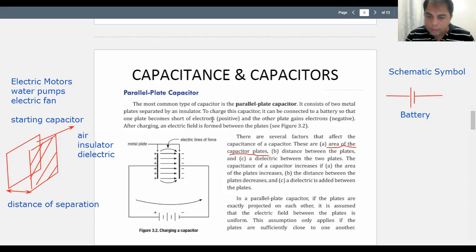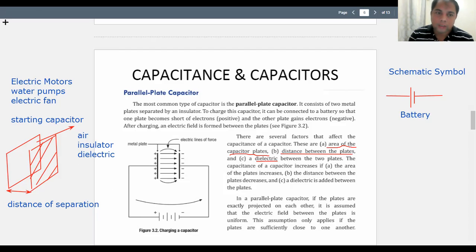So again, the second one is the distance of separation, or the distance between the plates. And the third is the presence of a dielectric. So three factors probably influence the capacitance. But this plate will not be charged if we do not put a battery.